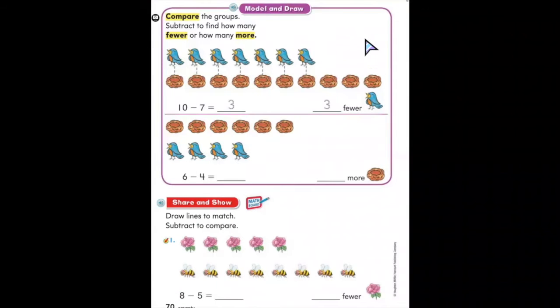Turn to page 70. At the top of page 70, it says Model and Draw. Compare the groups. Subtract to find how many fewer or how many more. Let's take a look at the groups.